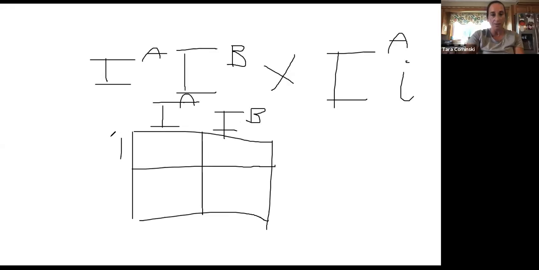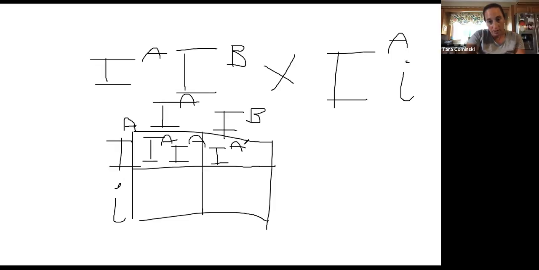On this side would be big I, A, and then nothing here. If we go into this square and fill this out, we have big I, A here. Then this one would be the same thing. Over here we have the B allele and the A allele.